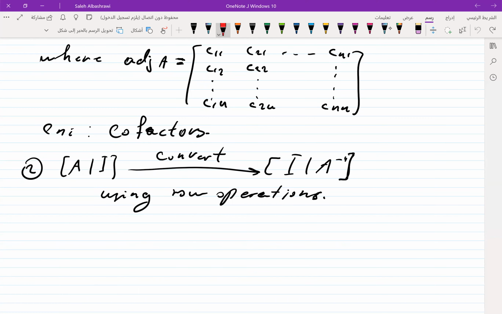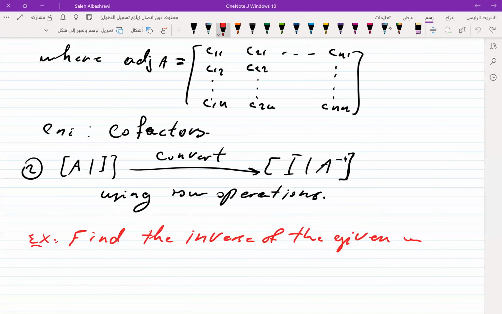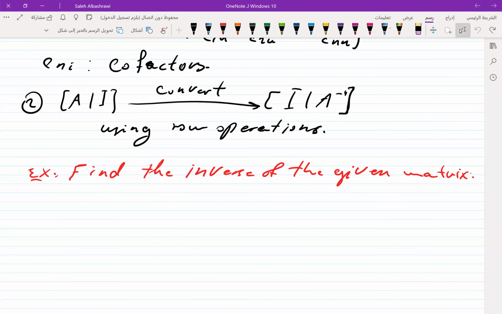For example, find the inverse of the given matrix. One is A equal to 1, 4, 5, and 2.